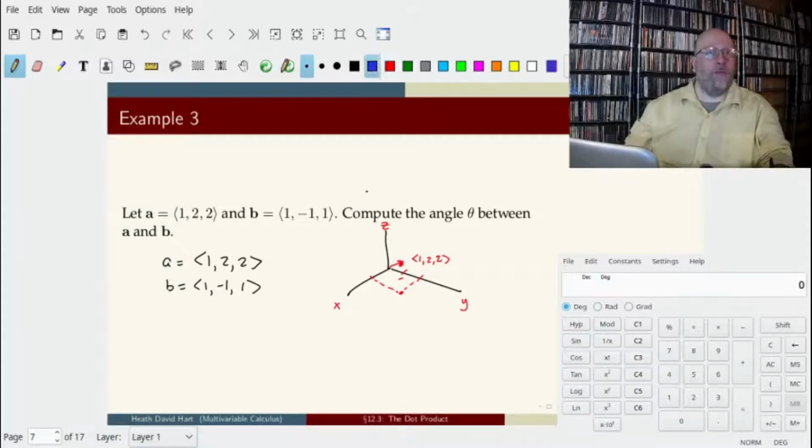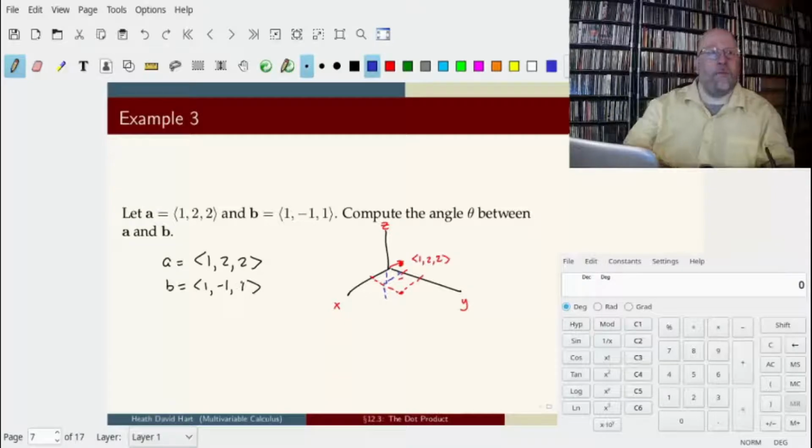And then B is a vector that goes 1 unit in the x direction, 1 unit in the y direction, and goes down 1 unit from that point. So I went 1, positive 1.